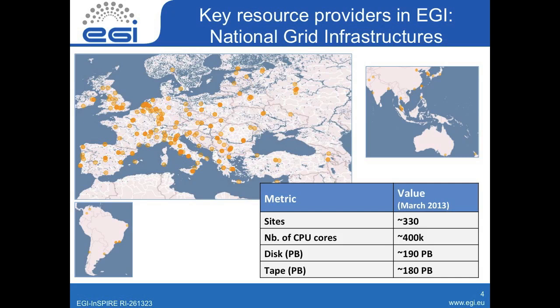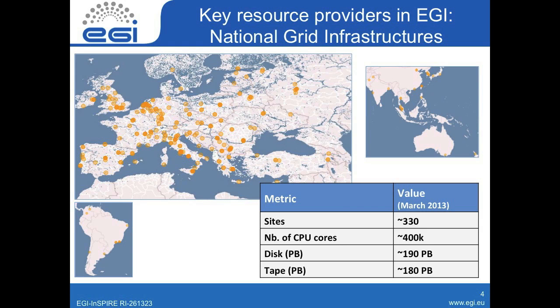So as I was describing in the previous slide, the key resource providers for EGI are the National Grid Infrastructures, which federate at the national level the resource centers participating in EGI, and then act as a single point of contact for these national resource centers at European level. So usually EGI centrally liaises with the NGIs, who are then liaising with their national resource centers.